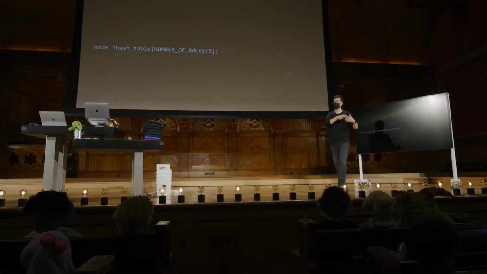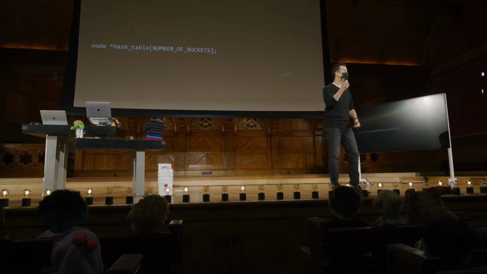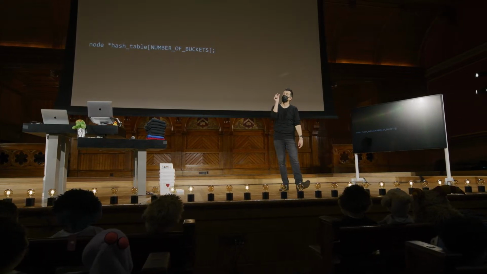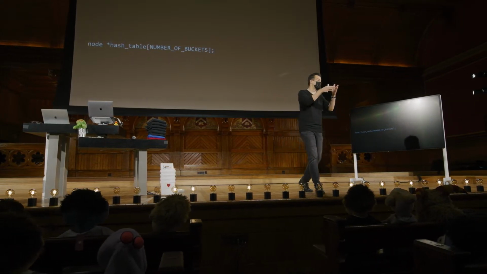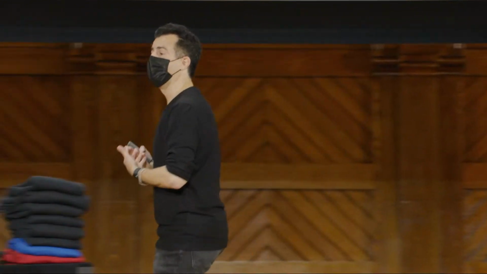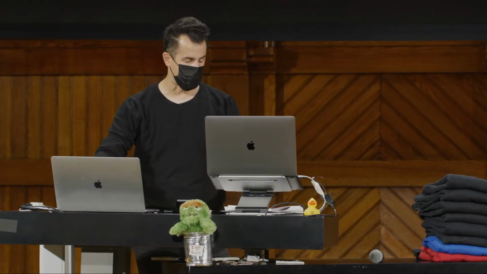I proposed verbally that it be 26. But honestly, if you get a lot of collision, so to speak, a lot of H names trying to go to the same place, well, maybe we need to be smarter and not just look at the first letter of their name, but maybe the first and the second. So it's HA and HE. But wait, no, then Harry and Hagrid still collide. But we start to at least make the problem a little less impactful by tinkering with something like the number of buckets in a hash table like this.